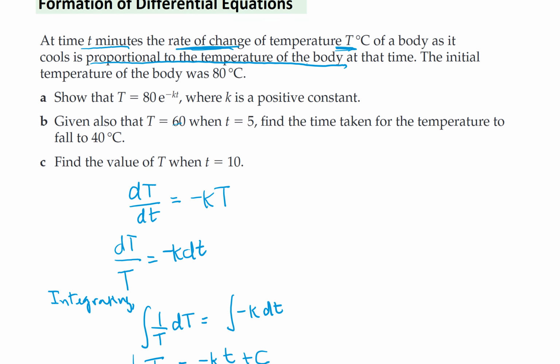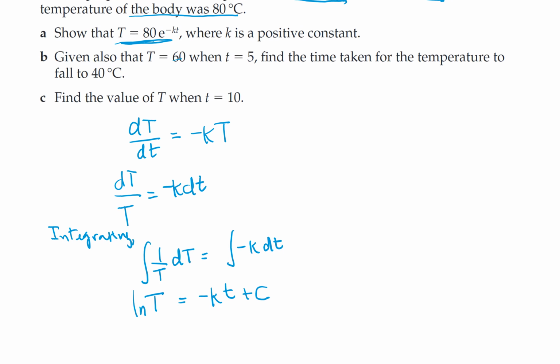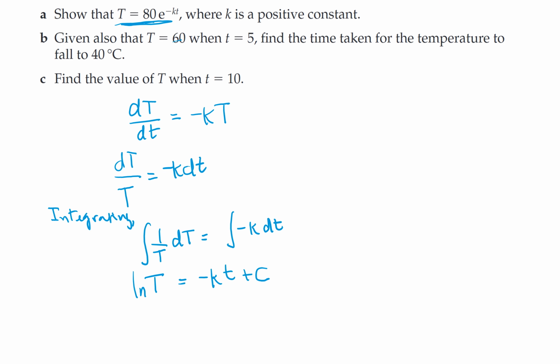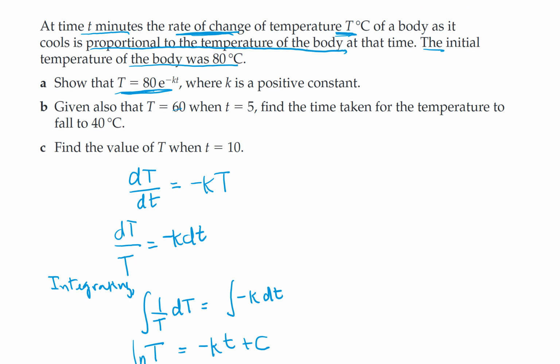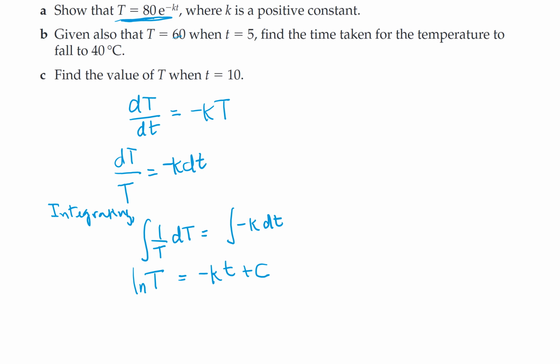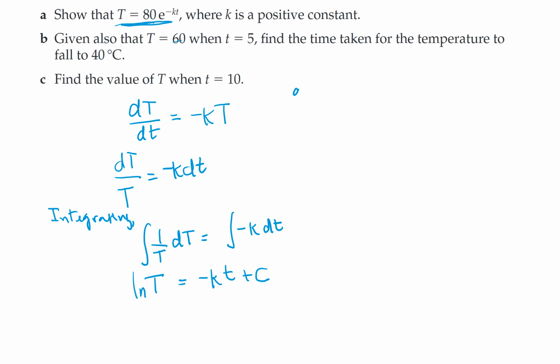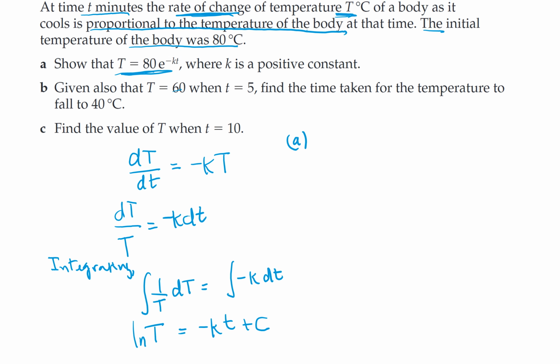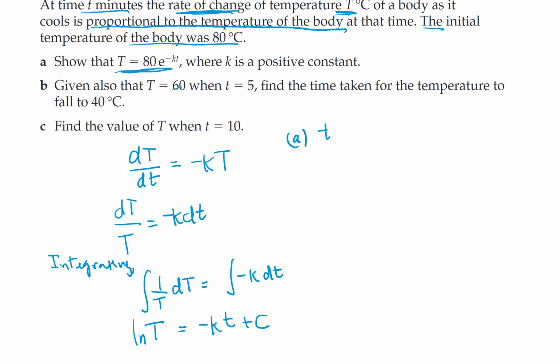From here we need to get to this bit. For this we will use that the initial temperature of the body was 80 degrees. Working on part A, at time t equals 0, the temperature is 80 degrees.